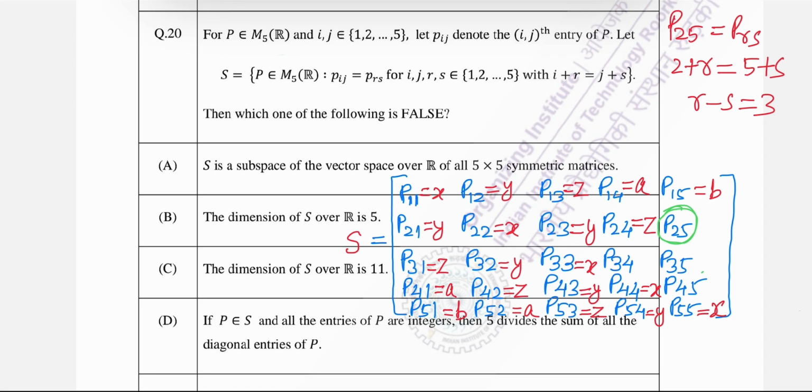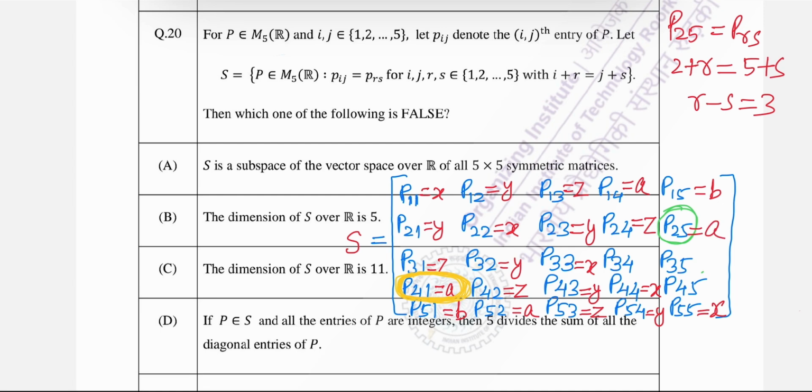So I show you one entry where R minus S is 3, and that entry I show you in yellow circle. Here you see P41, 4 minus 1 is 3. So this will be equal to A.